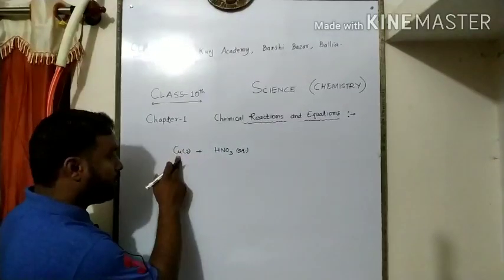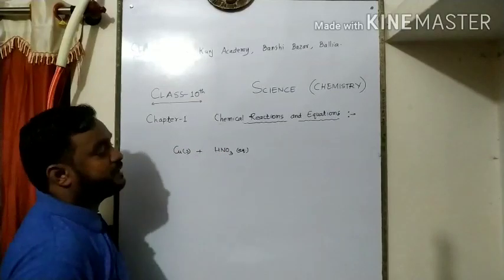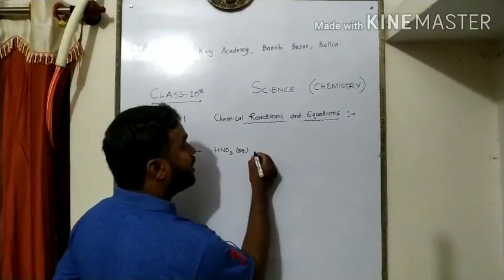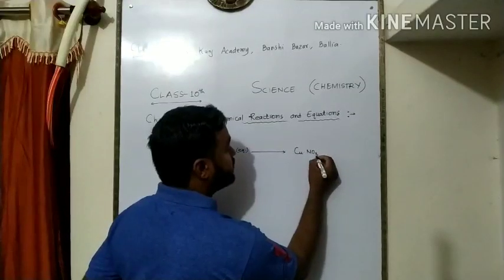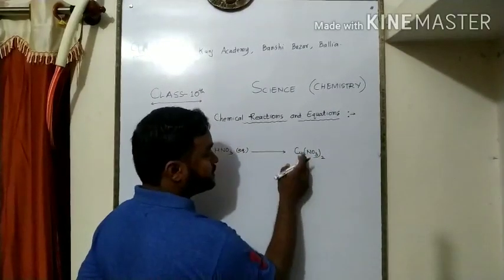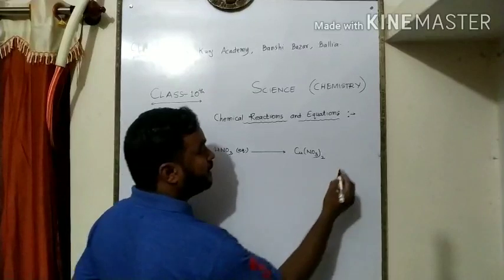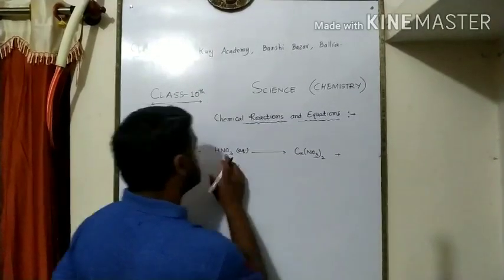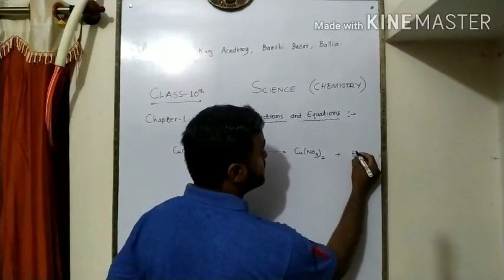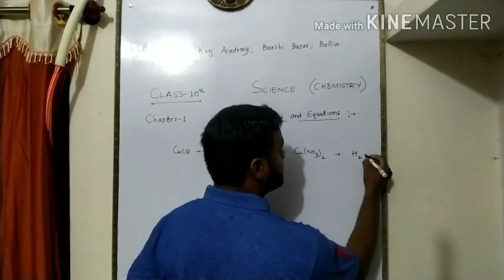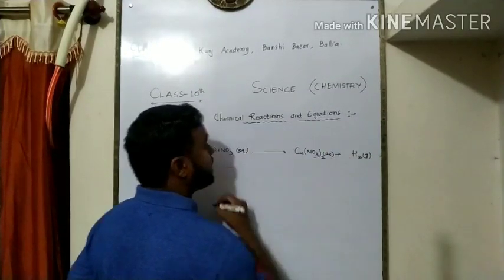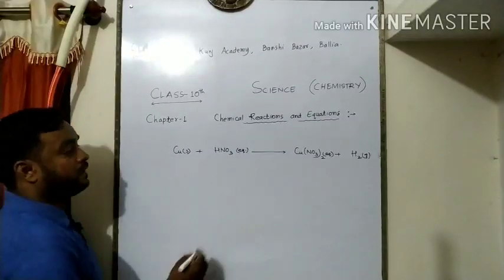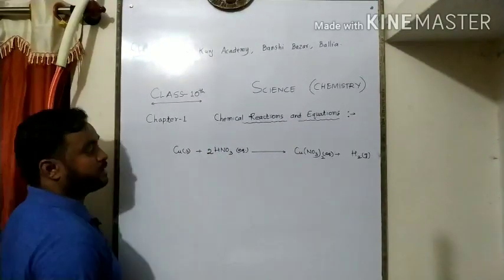When copper is dissolved in nitric acid, it will form a different substance, that is Cu(NO3)2, copper 2 nitrate, and another substance formed over here is H2, which is present in the gaseous state. If you balance it, it will be 2HNO3.